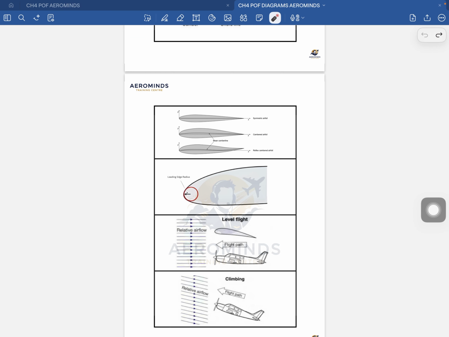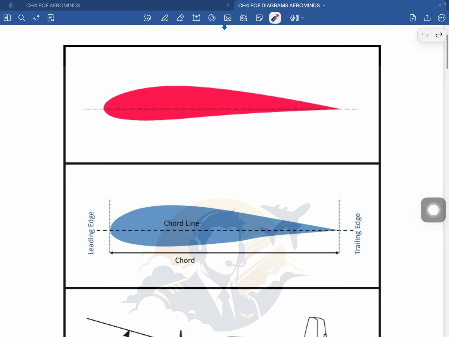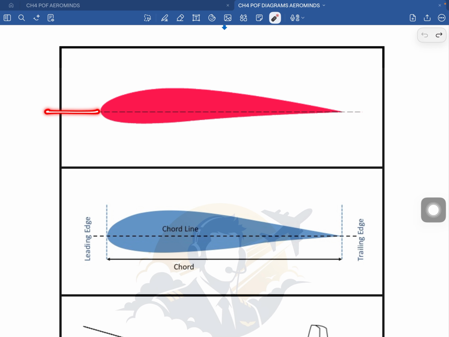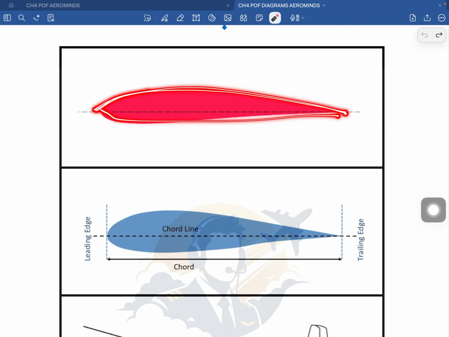I'll tell you in short what happens when the air reaches here. It gets divided into two parts. One flows above, one goes like this. As you can see, this distance is more than this distance. So the air has to cover more distance within the same time.